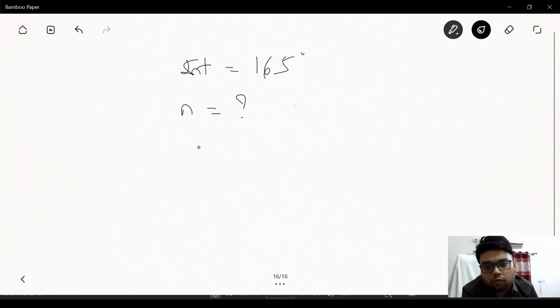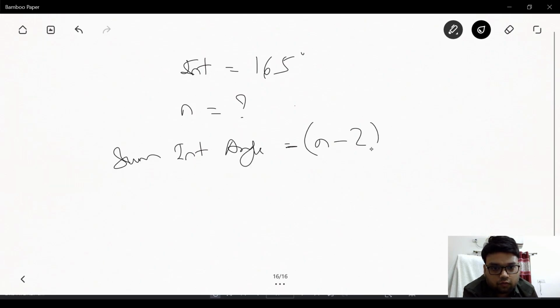Now we have to use our simple formula: sum of interior angles is equal to n minus 2 into 180 degree. They want this value. Now sum of interior angles, we have to calculate the sum of interior angle.